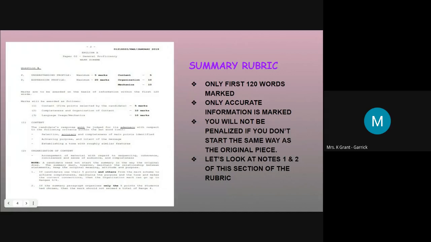Now, only the first 120 words will be marked, and only accurate information will be marked. Bear in mind, guys, that you will not be penalized if you don't start the same way as the original piece. But if you look thoroughly at the notes under 1 and 2 of this section, you'll realize that whatever you convey should reflect accuracy, achieve the purpose or the intent of the message, and it must establish the particular tone that is expected.